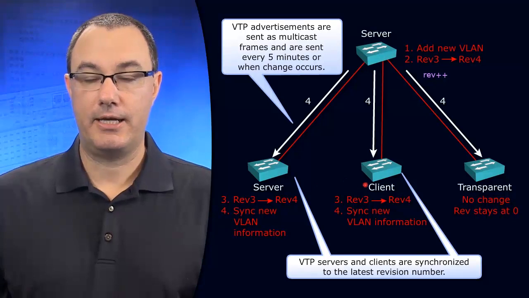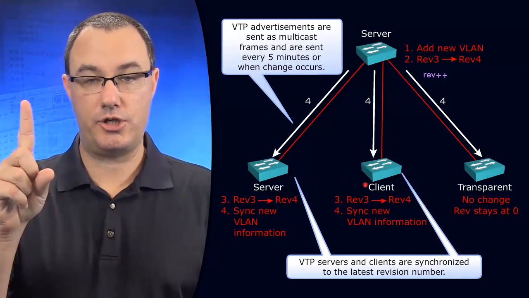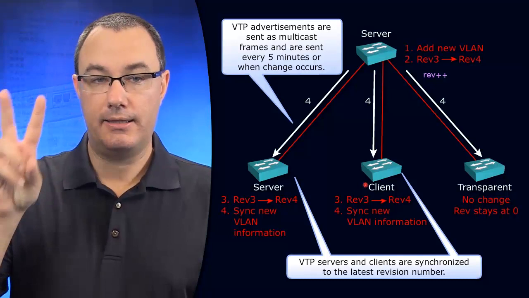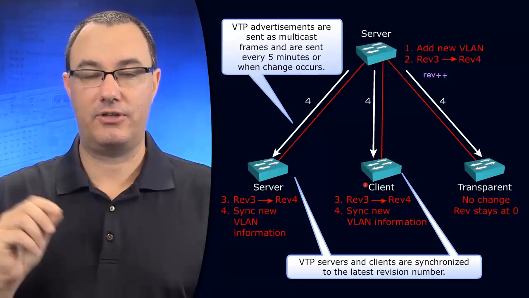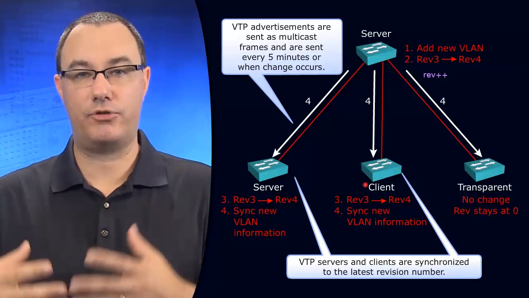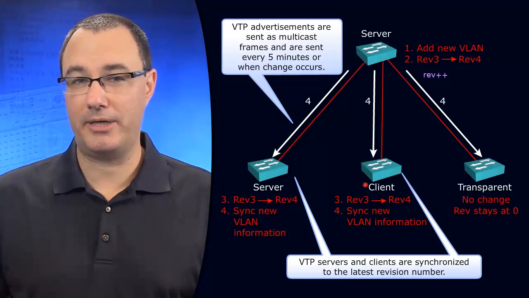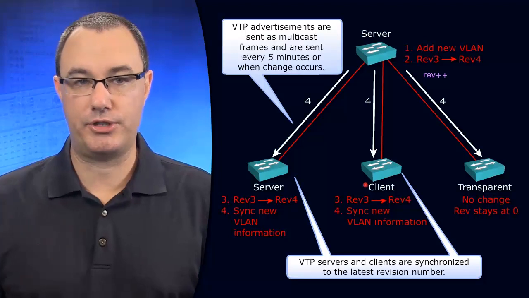Clients disallow the VLAN command. That's change number 1. Change number 2, they don't store their VLANs or read their VLANs in VLAN.dat. When they come up fresh, they have to learn from devices in client mode. That's really the only behavior. So only behavioral changes.